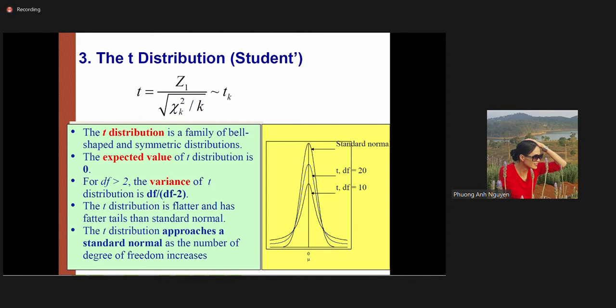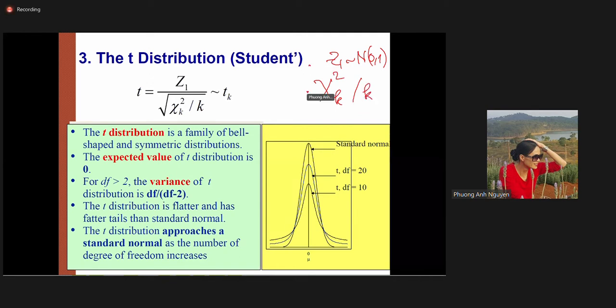Suppose we have Z following a standard normal distribution, which is N(0,1), and a chi-squared random variable following the chi-square distribution with degrees of freedom k. I take this random variable divided by k.